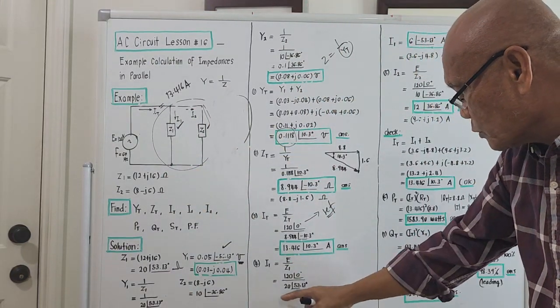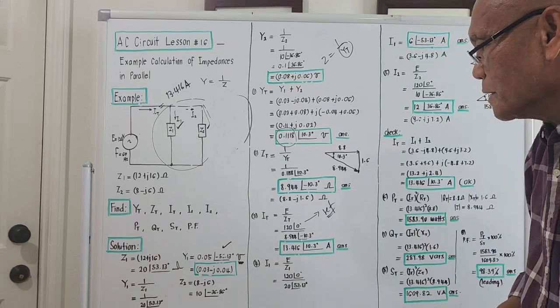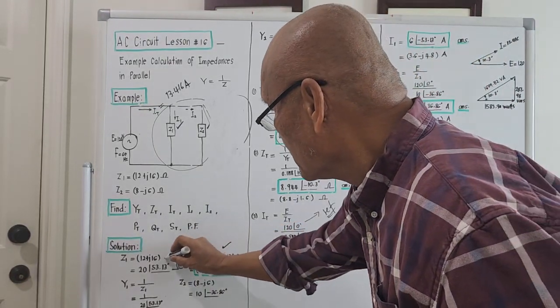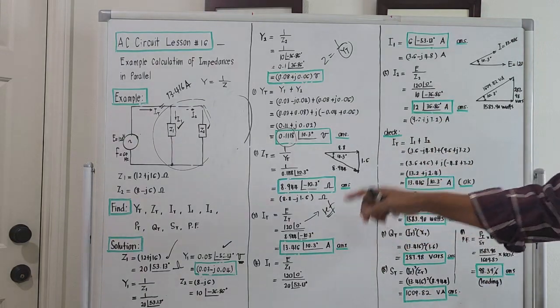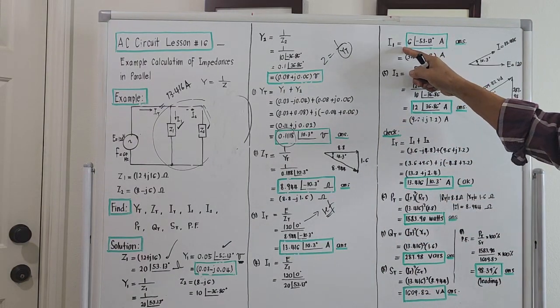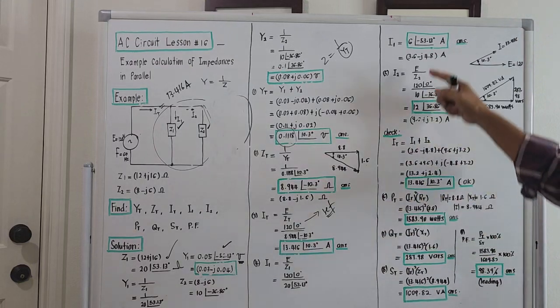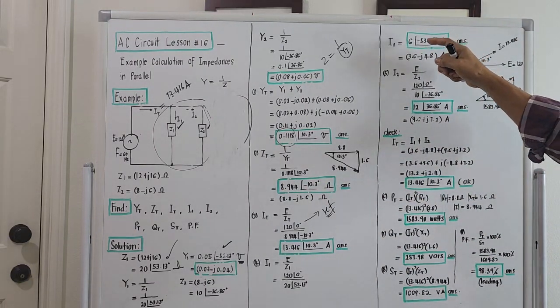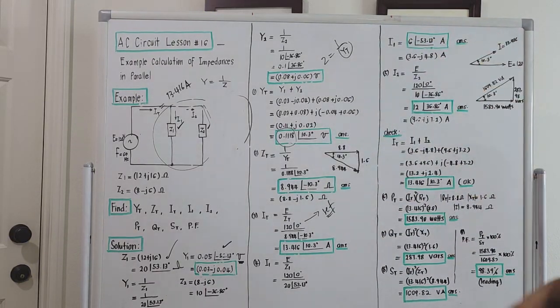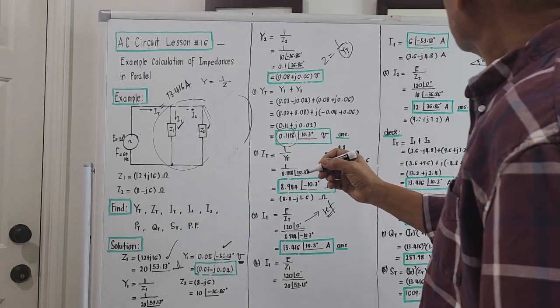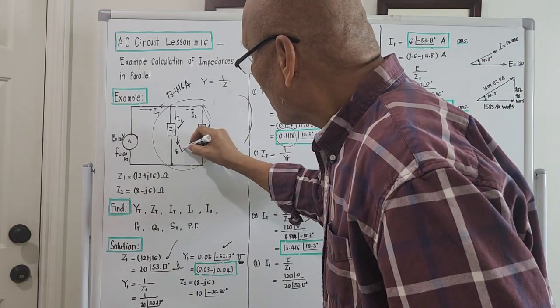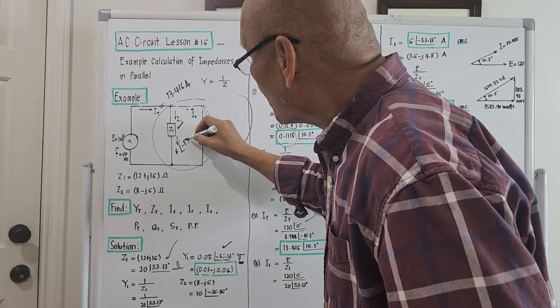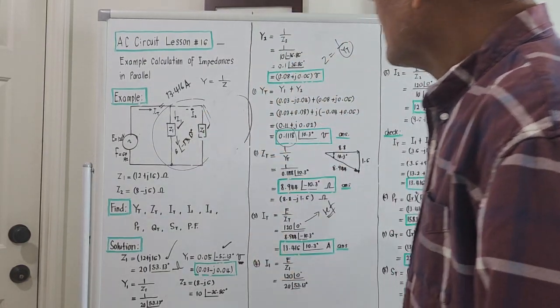120 over 0 over 20 angle 53.13 degrees. It is this value here. What comes out will be 120 over 20 will be 6. The magnitude is 6. We bring this up, it is negative 53.13 degrees amperes. That's the total current here. It is 6 amperes going down, angle minus 53.13 degrees.